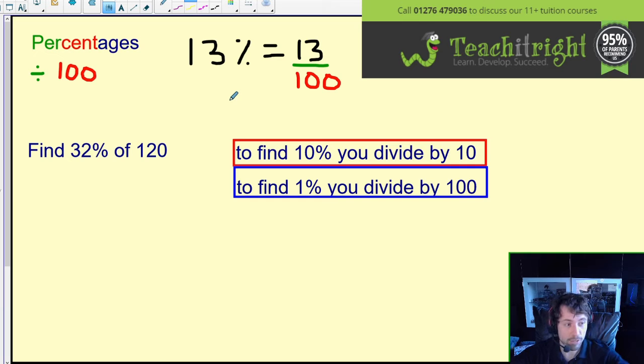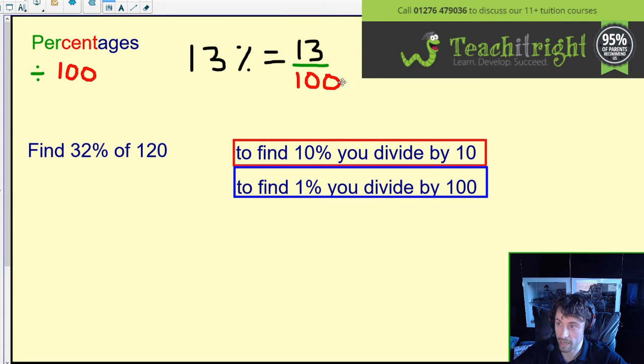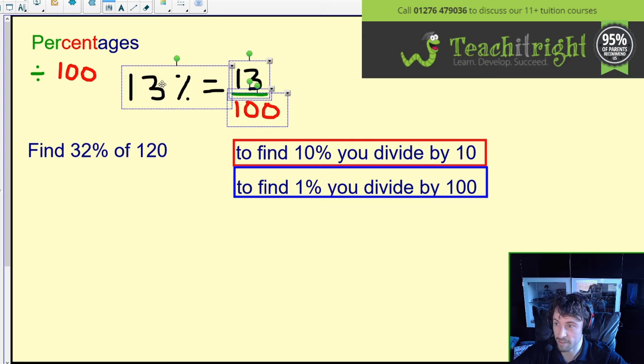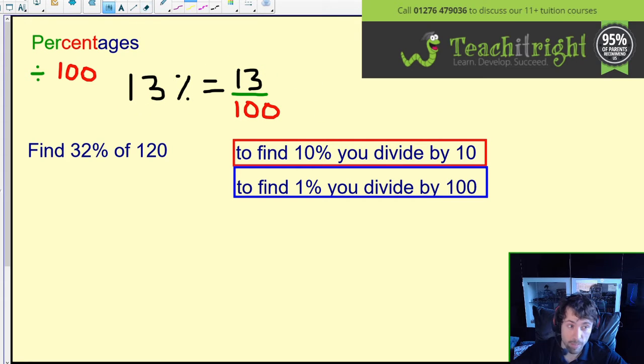And that's actually how you convert between percentages and fractions. And what's nice is now that we've actually got a division, because that is what a fraction is, that's 13 divided by 100. If we wanted to, we could go one step further and say, okay then, what is 13 divided by 100? Well, I move the decimal place 2 spaces over, so it's 0.13.